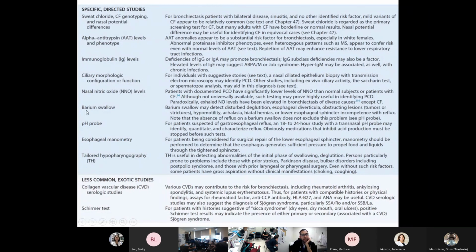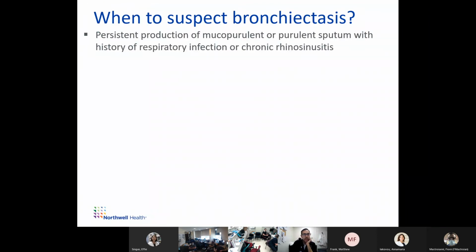And then specifically if patients have symptoms of acid reflux, barium swallow or a pH manometry may be important. And then in patients who have risk factors for autoimmune or collagen vascular disease, checking specific serologies, rheumatoid factor, CCP, ANA, Sjogren's may be important.